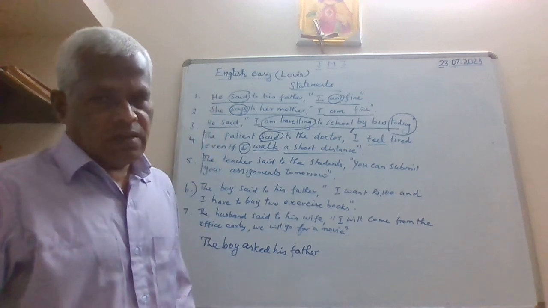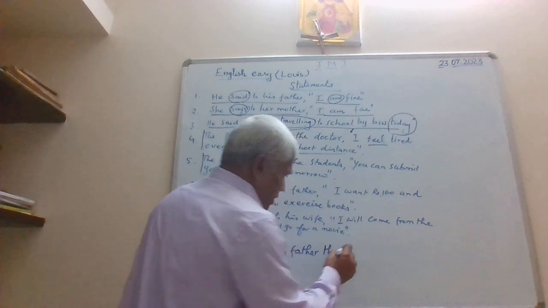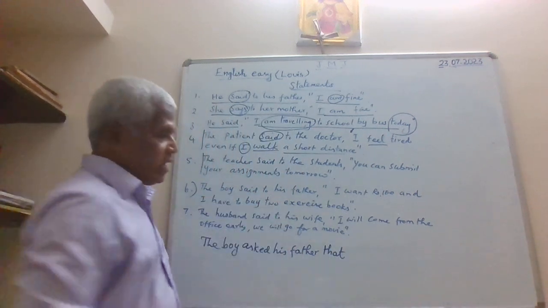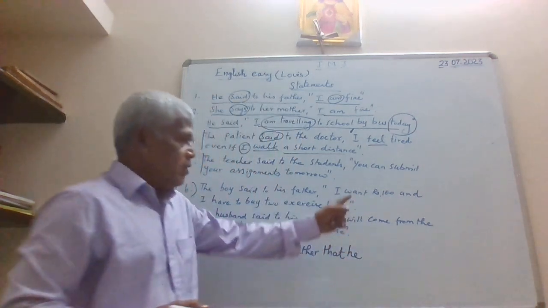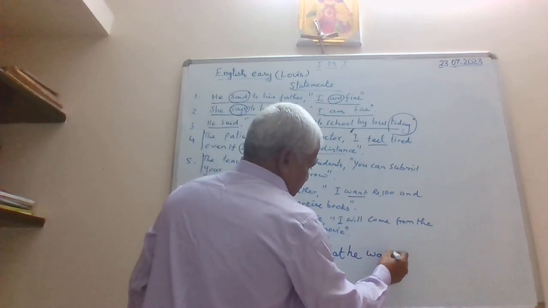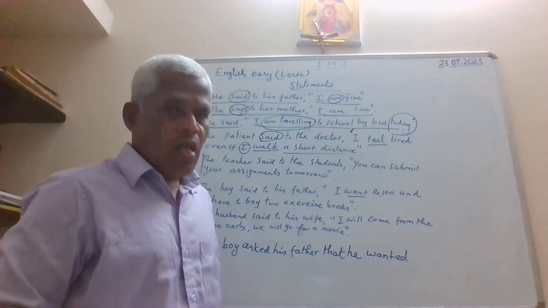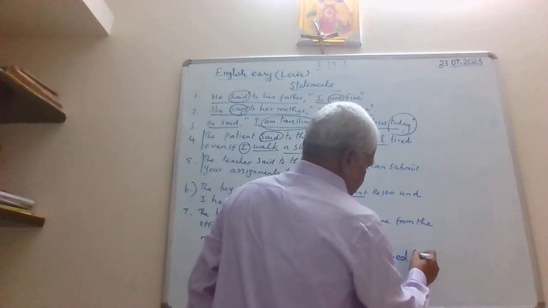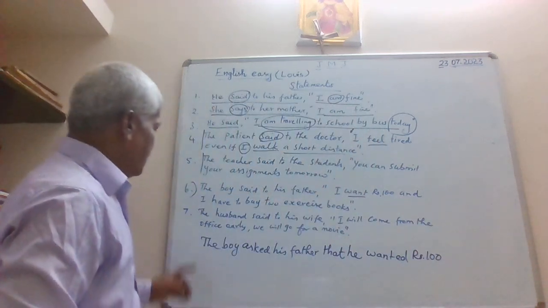Asked his father. What is next? The connecting word, conjunction, that. Since it is a boy here, you can change the pronoun I to he. And what is your tense? Present tense verb want becomes the past tense, wanted. How much does he want? 100 rupees.